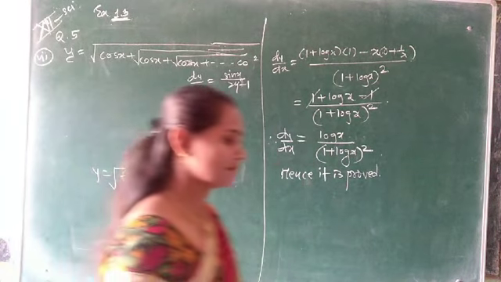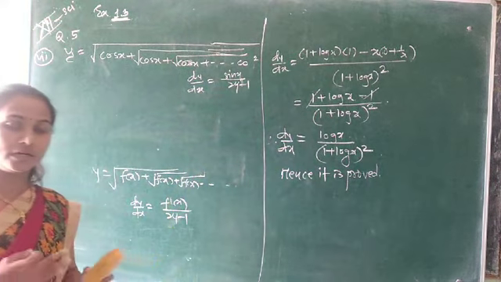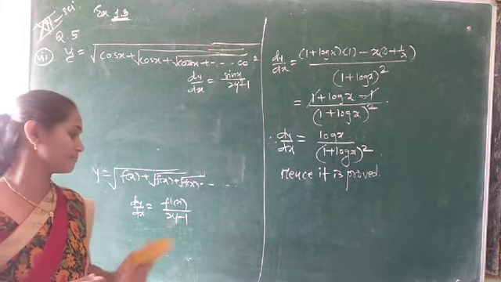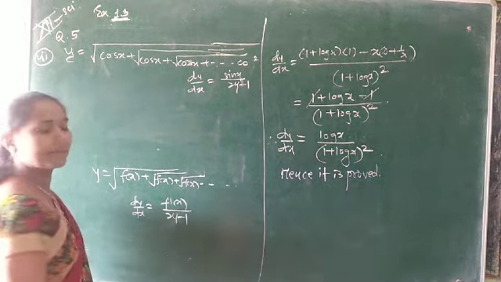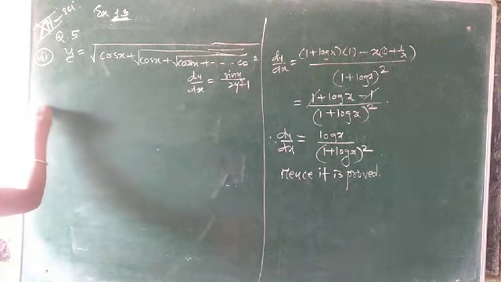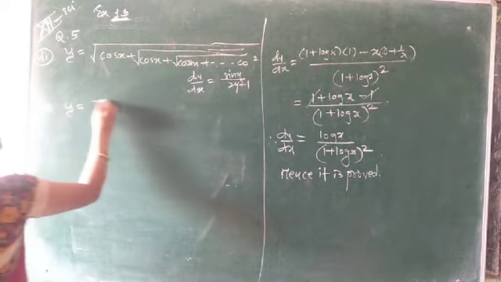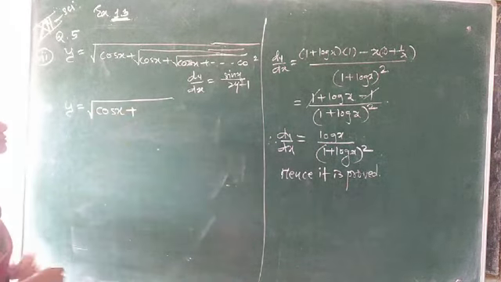Remember that? Answer of this type of question, under root f of x plus root f of x plus and so on up to infinity, is dy by dx equal to f dash of x divided by 2y minus 1.